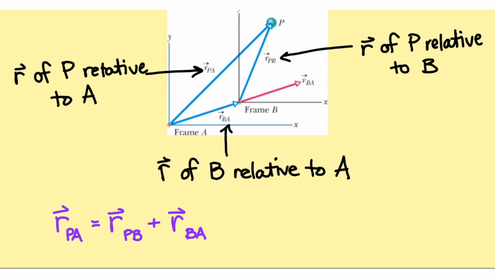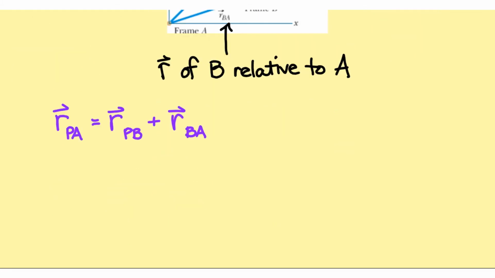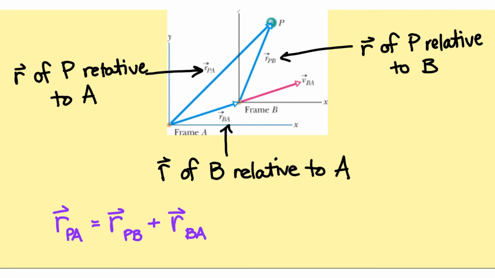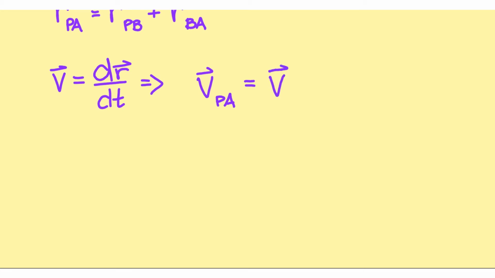Now, we know that velocity can be calculated based on the position vector. Specifically, we know that velocity is dr/dt, which means I could take the derivative of each of these quantities to find the velocity of P relative to A. I would take the derivative of RPB with respect to t, and in that case, I would get the velocity of PB.